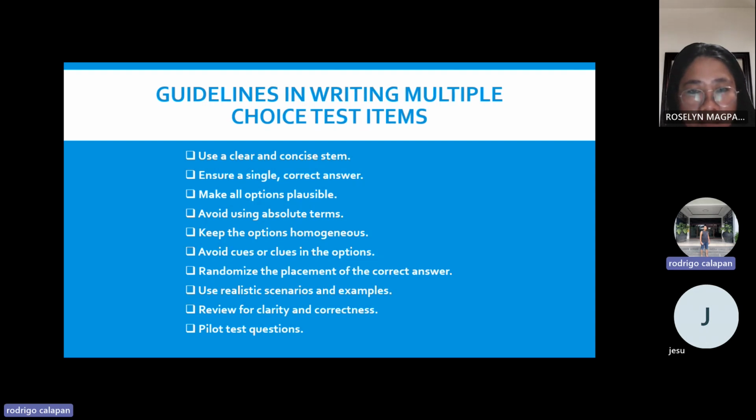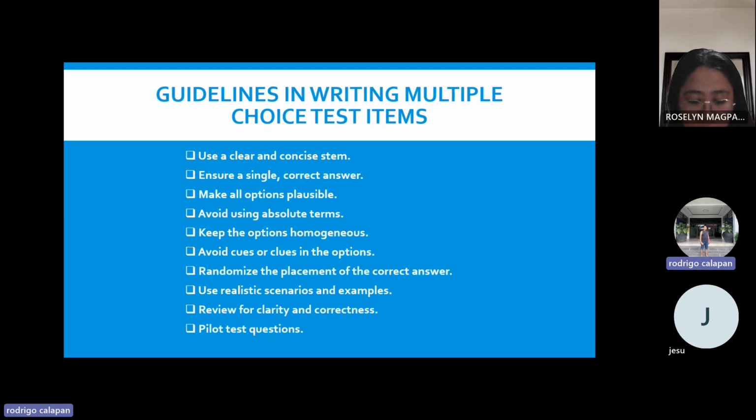And number 4, avoid using absolute terms. What does it mean? We have to be cautious with the use of absolute terms like always, never, only. These terms tend to make the correct answer more predictable, which can make the questions less challenging and reduce their effectiveness in assessing higher order thinking.